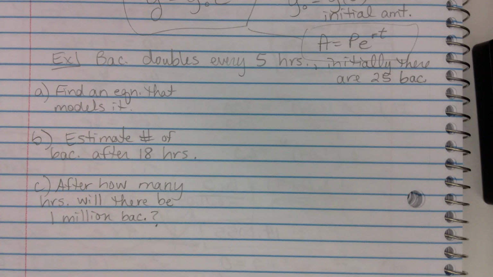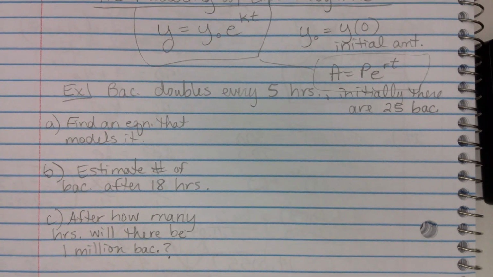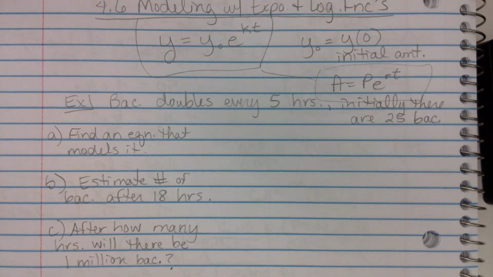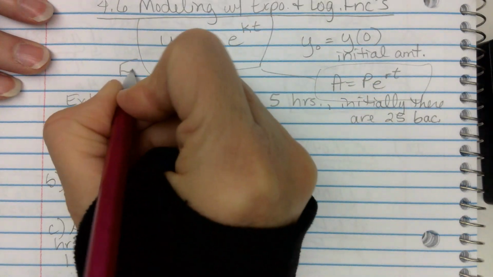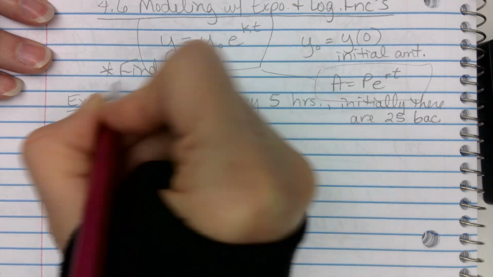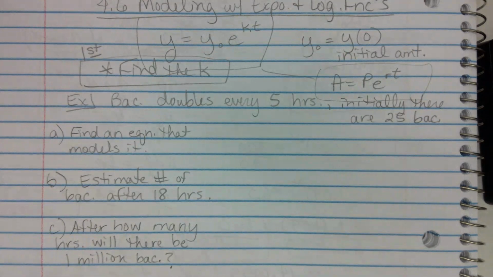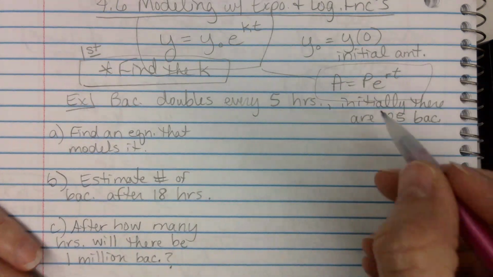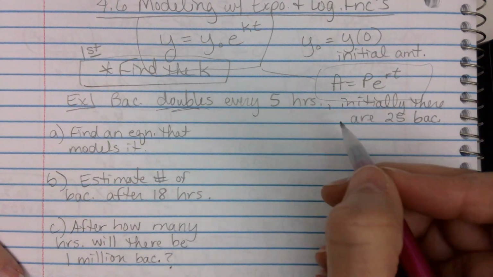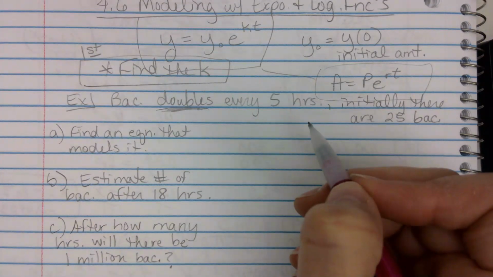The key on virtually every single problem we do is we need to find the k. That's our first thought process every time. Now, I'm going to tell you, I cheat a little bit to find my k, especially if it's doubling or if it's the half-life.